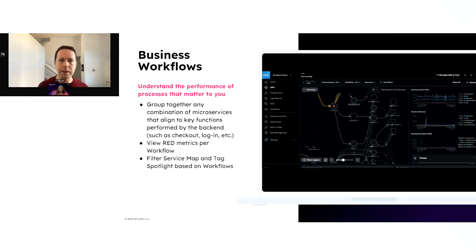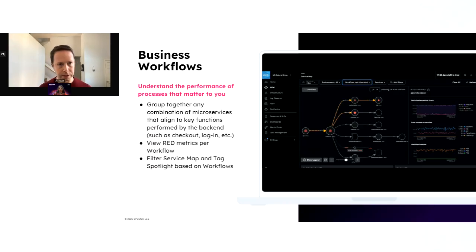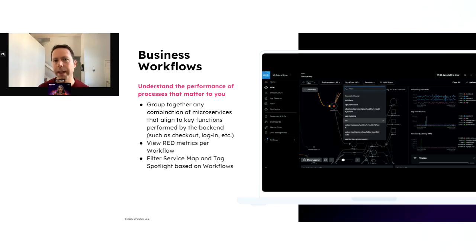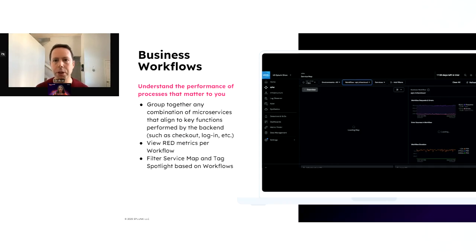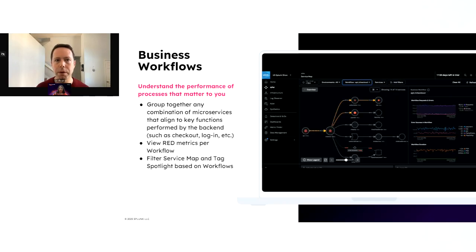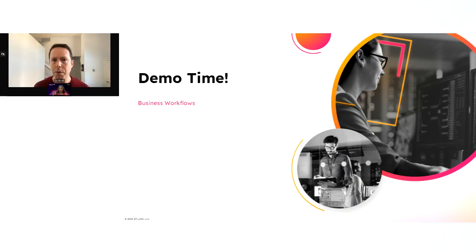Once you've defined the workflow, you can have metrics for it, like the request rate, errors, and duration, and then set alerts if any of these metrics indicate an issue. Furthermore, you can filter the service map and Tag Spotlight to view performance of just the business workflow that you care about. So with that, it's time for our first demo, and let's see business workflows in action.